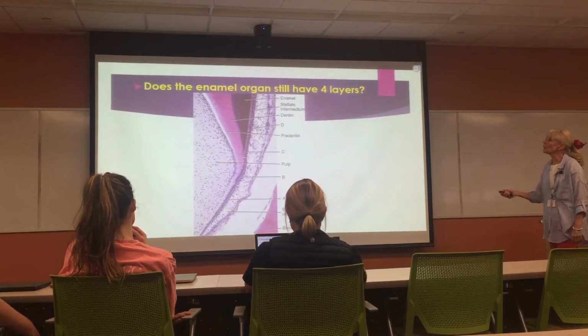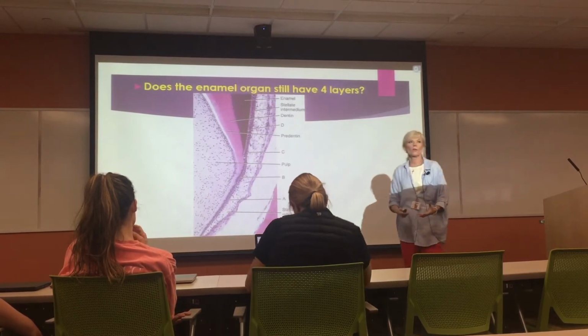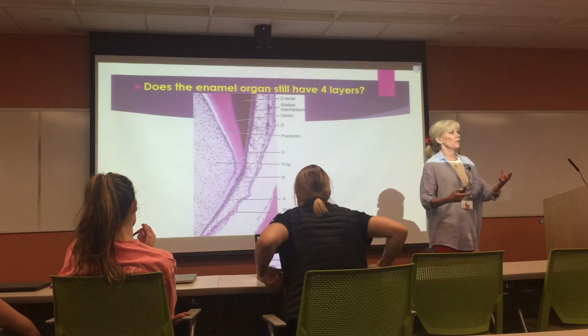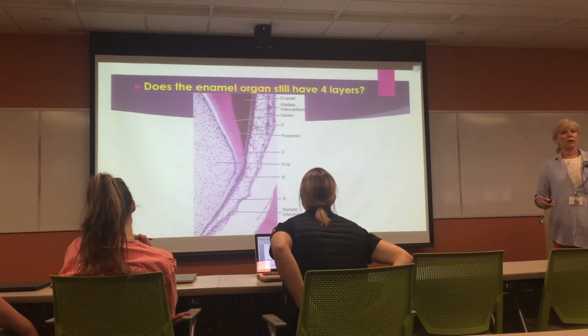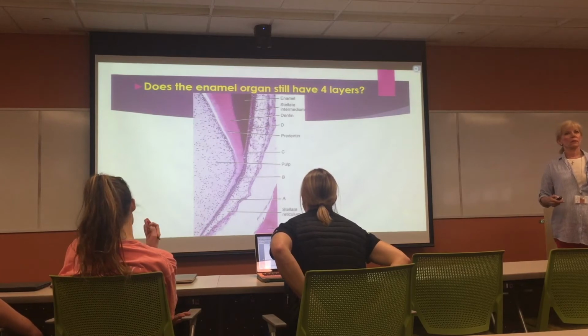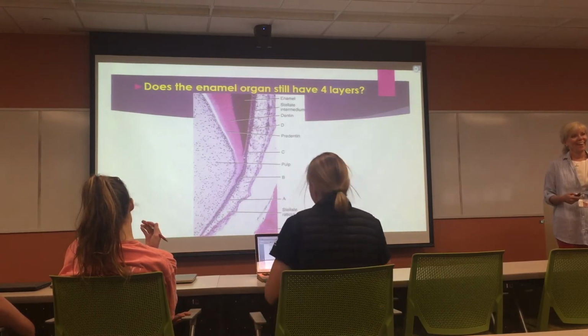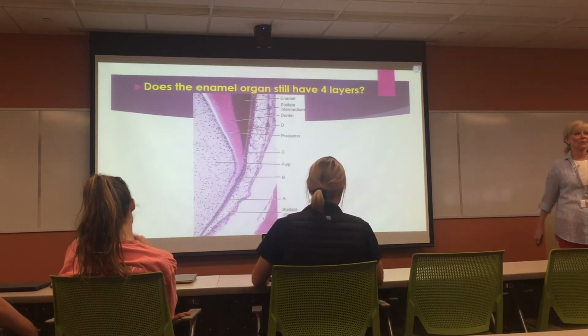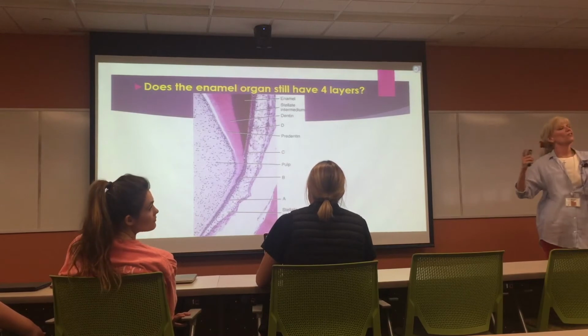When we get to this stage of the collapsed enamel organ, or the reduced enamel epithelium, do we still have four layers? Actually, we do, but it hardly looks like it.